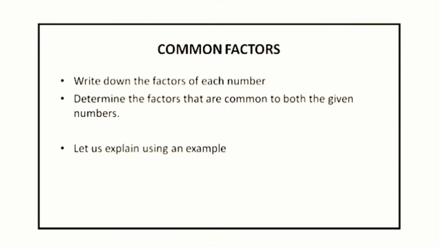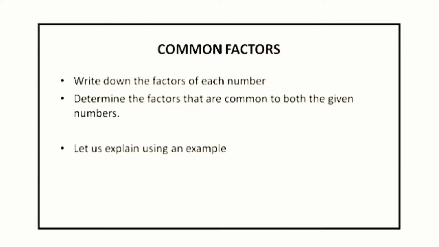Common factors. You would have noted the word common that is prefixed with factors. So, how to determine the common factors is the next thing to learn. Now, how to determine the common factors? Step 1, write down the factors of each number.